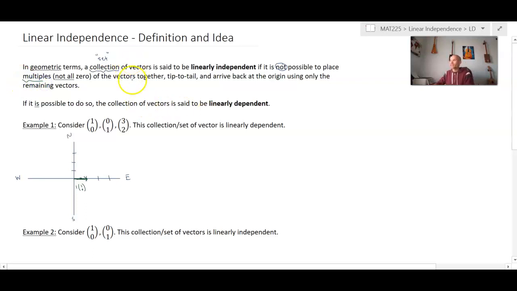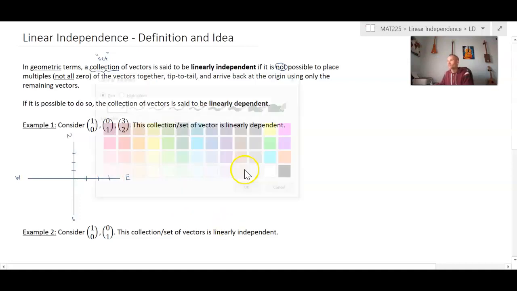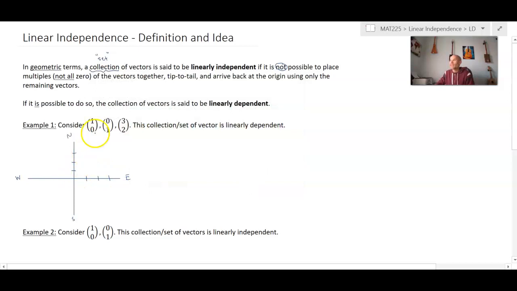Now, if I take (0, 1) and do the same thing, you know what? Actually, let's not do a multiple of 1. Let's do a multiple of 3. If I take 3 times (1, 0), that will take me over here to the point (3, 0).